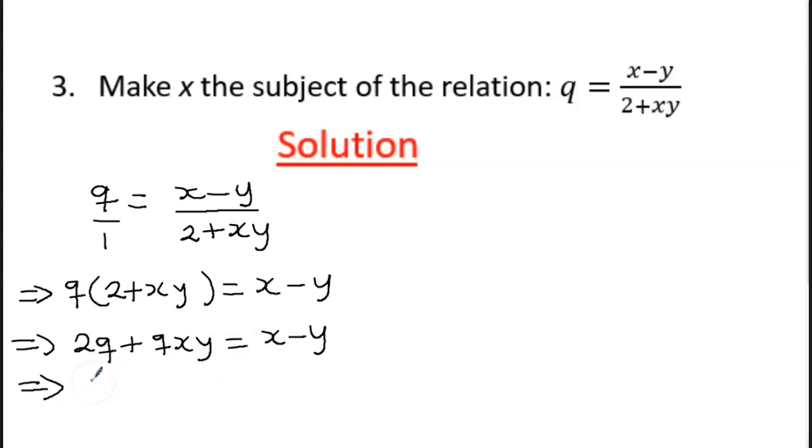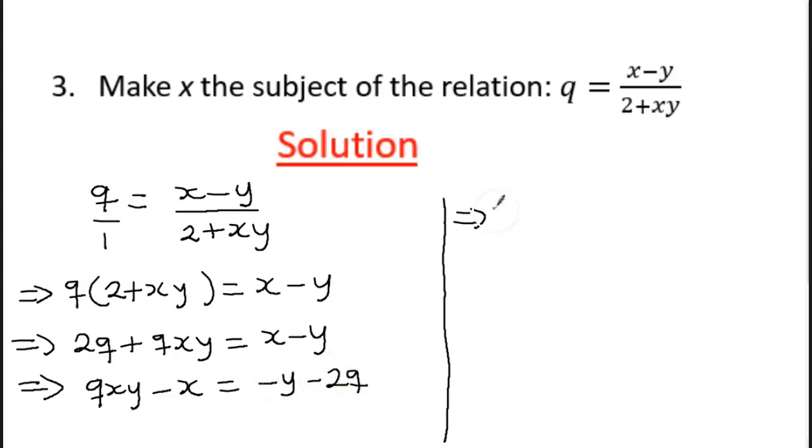So this implies that Q xy, we send this 2Q to the other side. 2Q will cross the equal sign, and then the sign will also change. So Q xy minus x is equal to minus y minus 2Q. Bring x out, as you factorize on the left hand side, x out.